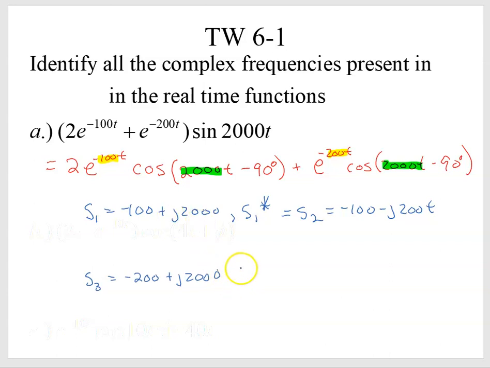And then we have an S4, which is S3 conjugate. So that's still negative 200, but minus j2000. Okay, so I think I corrected that. So we have four complex frequencies.